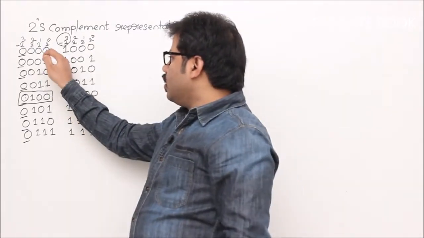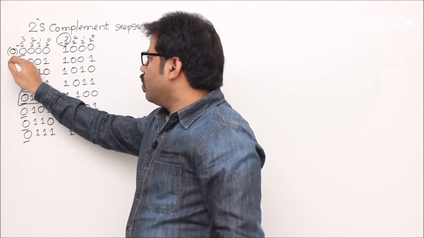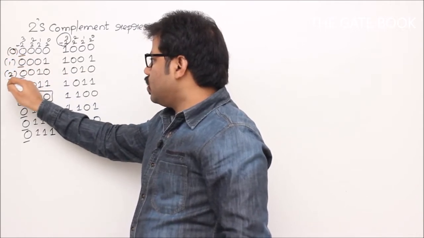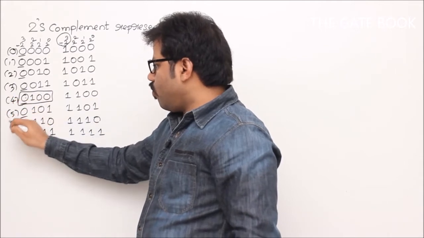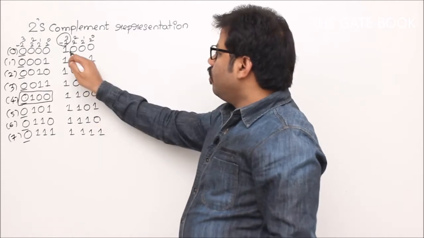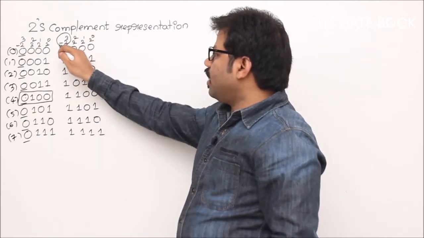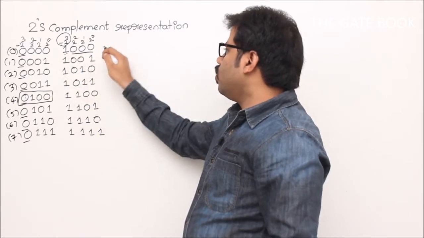So these numbers are going to represent 0, 1, 2, 3, and we can use these patterns for positive numbers 4, 5, 6, 7. Now for these patterns, because of the 1 here, it would be minus 8 plus the remaining weights, which are positive weights. Minus 8 plus 0, minus 8.